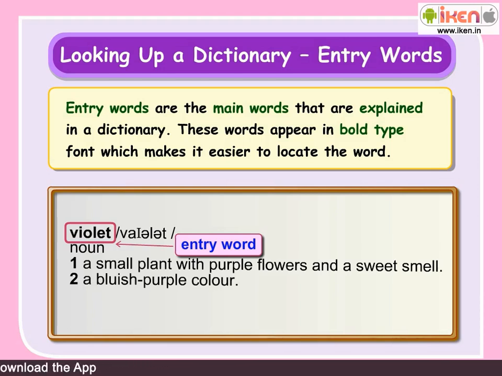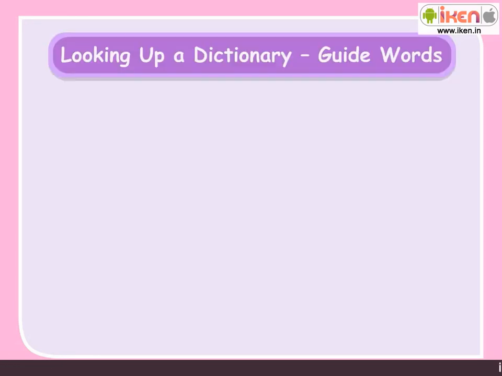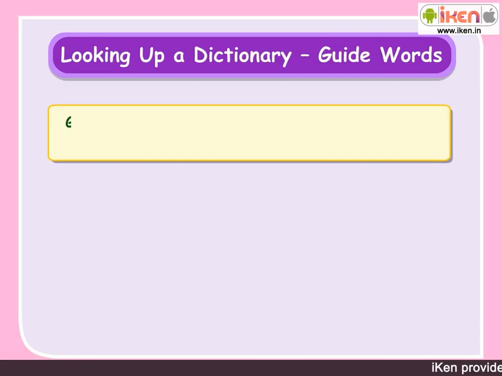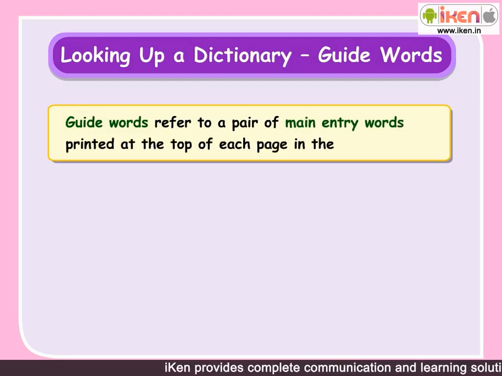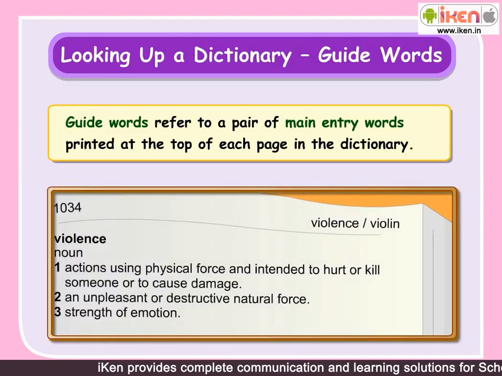Another way in which you can find a word in a dictionary is with the help of guide words. Guide words refer to a pair of main entry words printed at the top of each page in the dictionary.